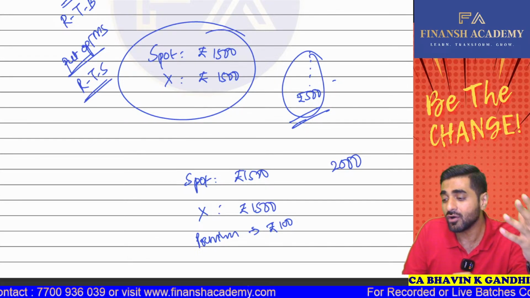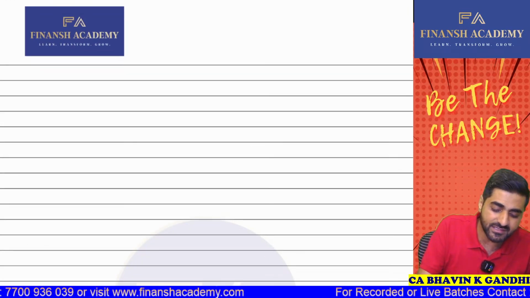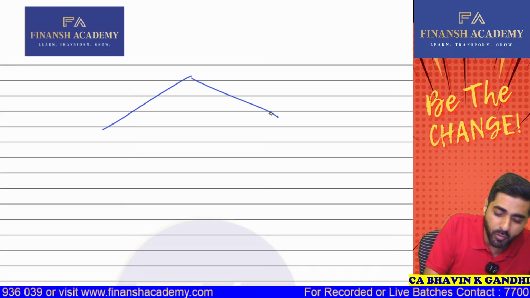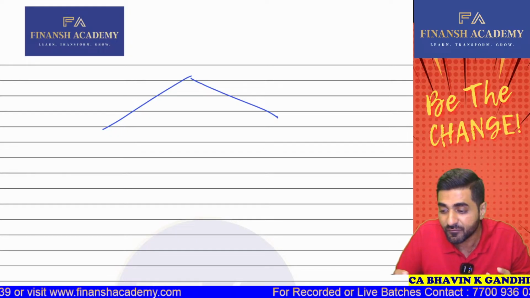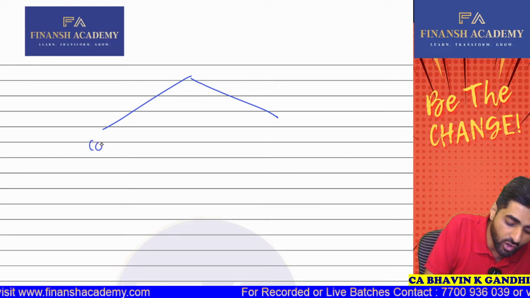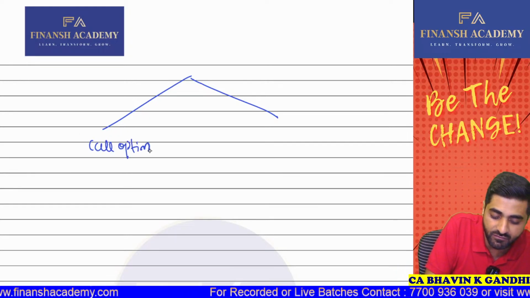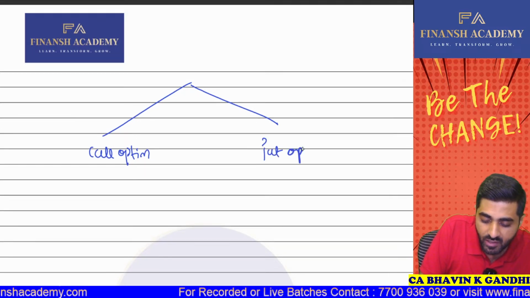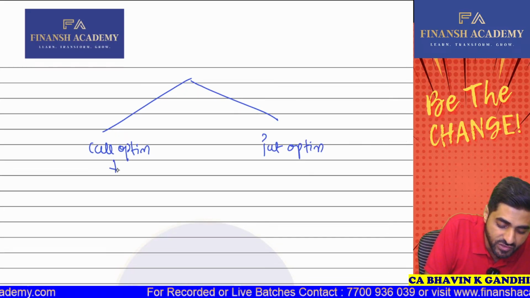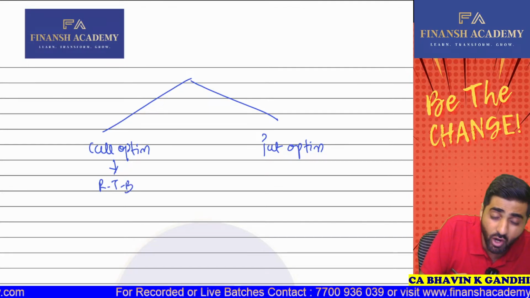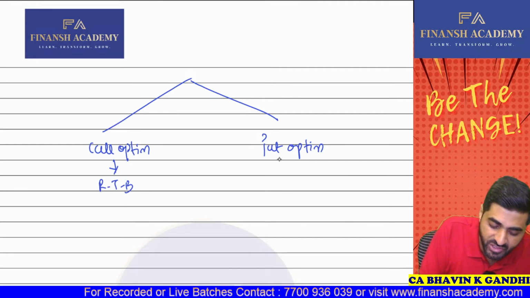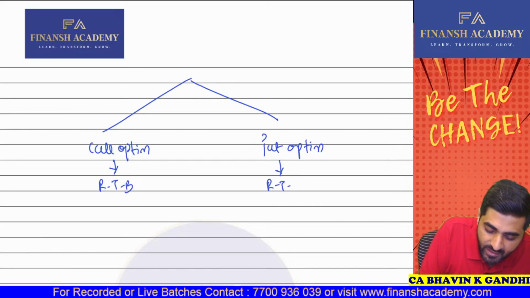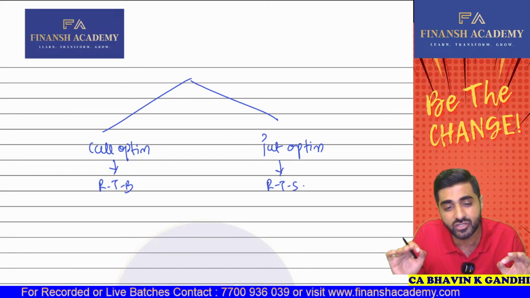So what I'm trying to make you understand is that there are two possible option contracts. The first one we call a call option, and the second one we call a put option. A call option gives you a right to buy, but not an obligation. A put option gives you a right to sell, but not an obligation.